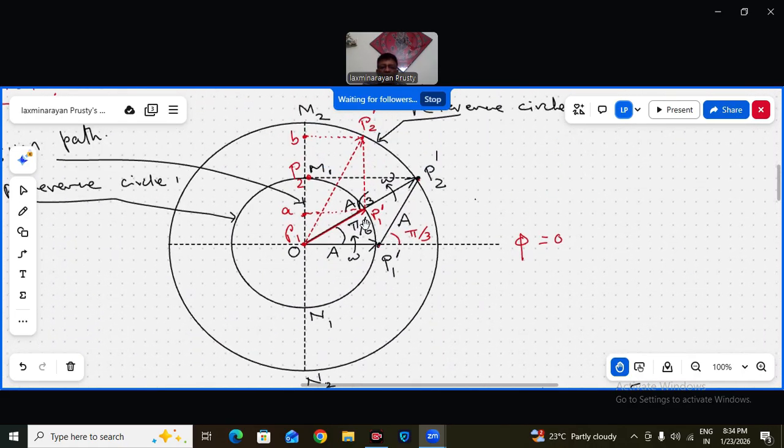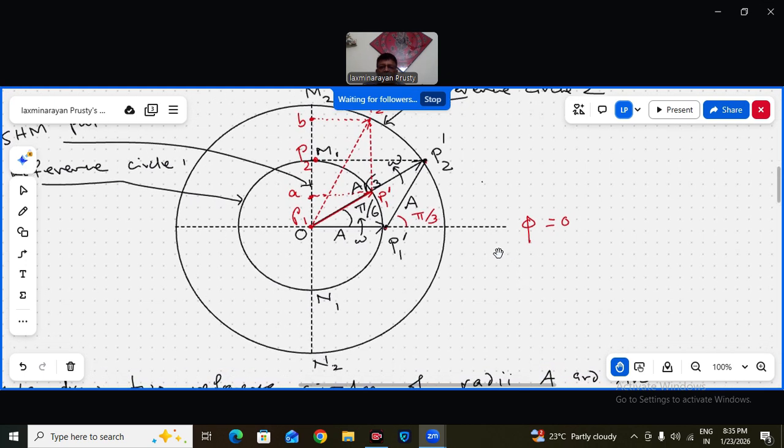And as they move, the separation P1 dash P2 dash in any position will remain a only, because this angle is not going to change and this length also is not going to change. So this triangle's dimensions are not going to change under any circumstances. Am I clear? I am not bothered about the P1 dash P2 dash length, that is a, we found.